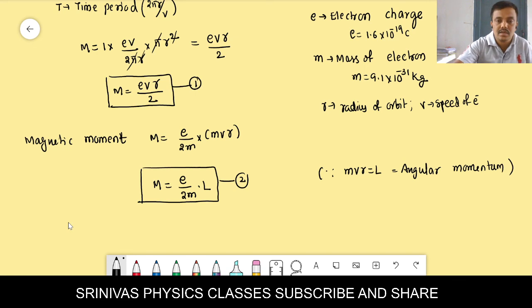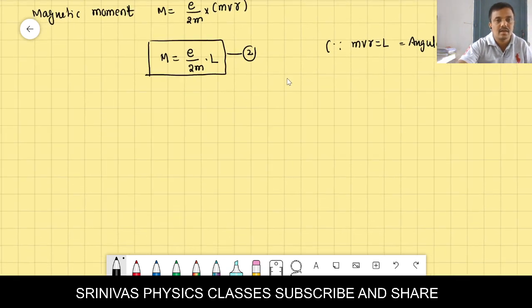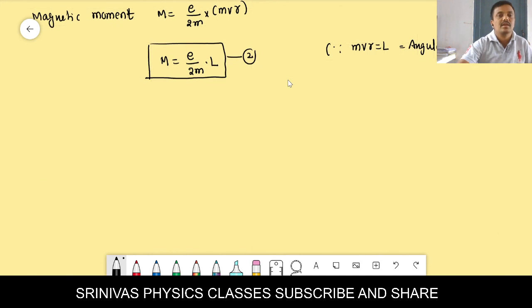Now you see here we derived the formula for the magnetic moment in terms of angular momentum. In this, small m is the mass of electron, e is the electron charge, and capital L is the angular momentum. Okay, what is the direction of the magnetic moment? Direction of magnetic moment.